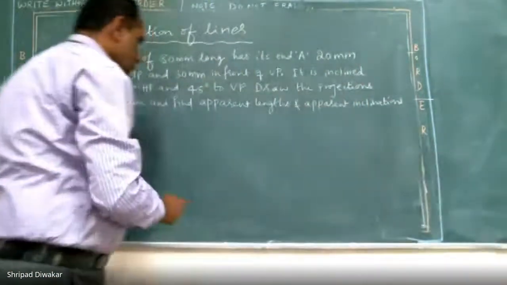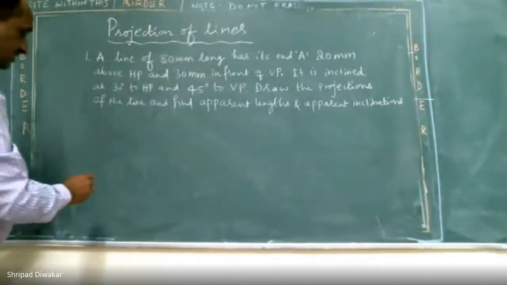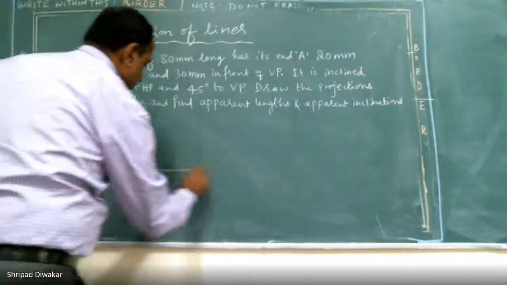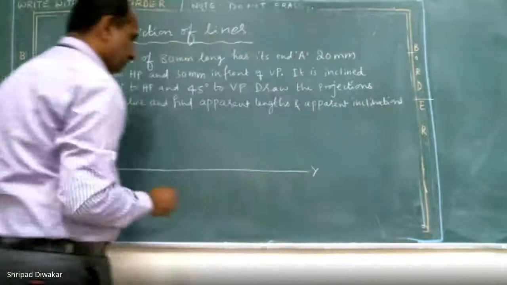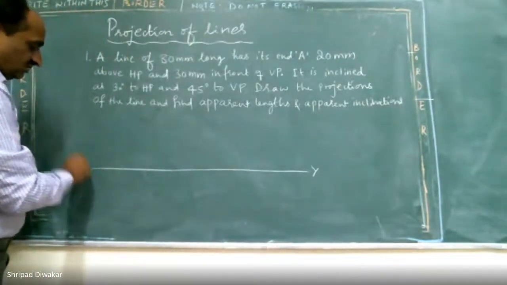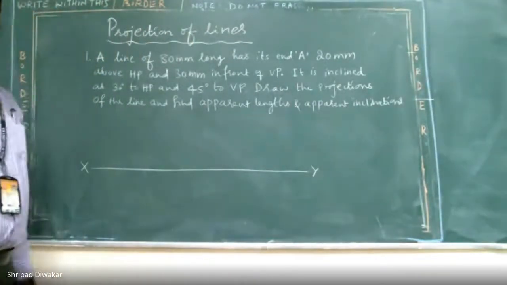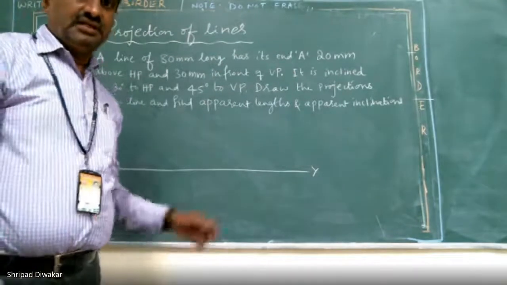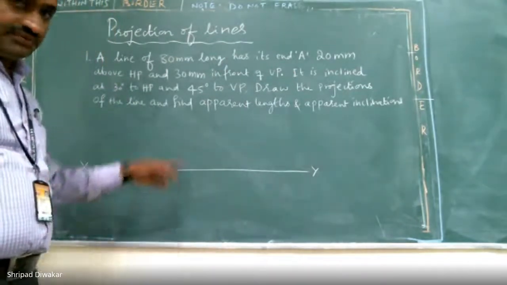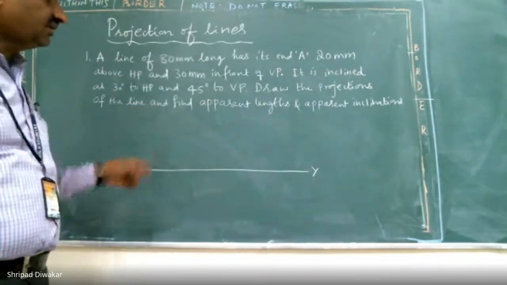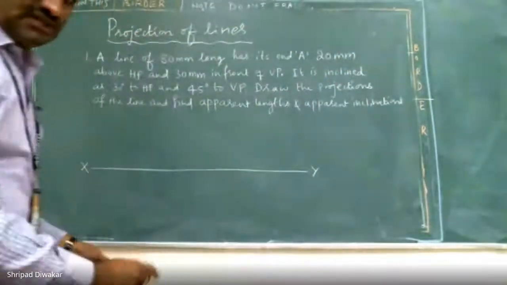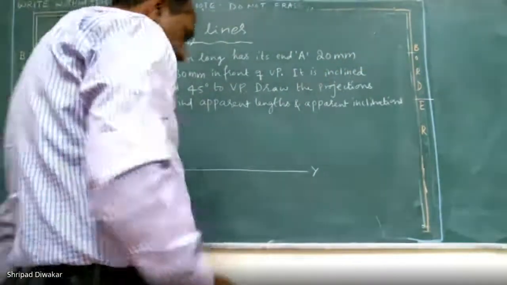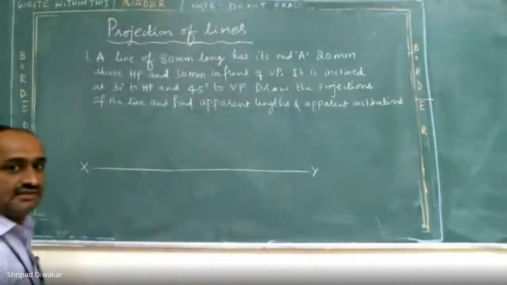Okay, as usual, first you draw the reference line XY. First step. Next you have to locate the front view and top view of the point A. How are we going to locate them?